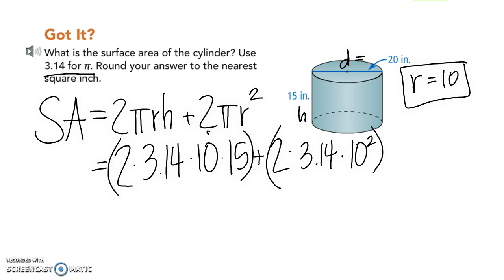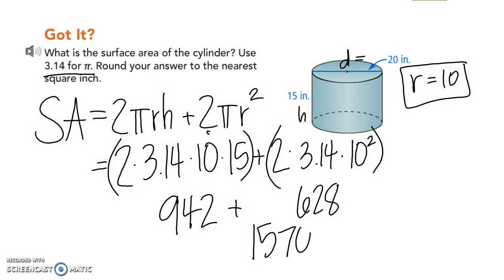And then here we go with the calculator. 2 times 3.14 times 10 times 15 gives me 942. 2 times 3.14 times 100, which is 10 squared, gives me 628. And then I just add 942 plus 628. 1,570. This is inches squared. This is my surface area.